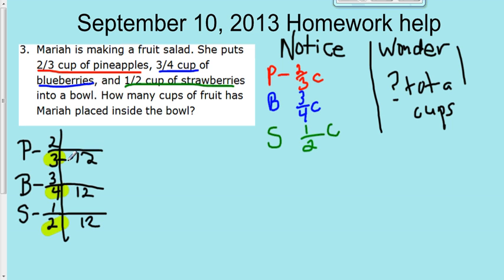Three times what is 12? 3 times 4. If I do it to the bottom, I have to do it to the top.